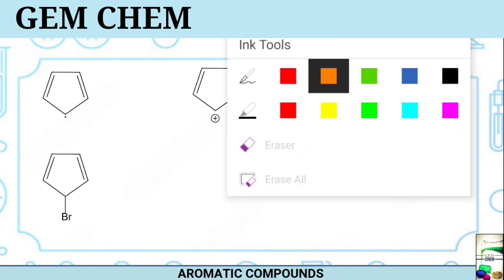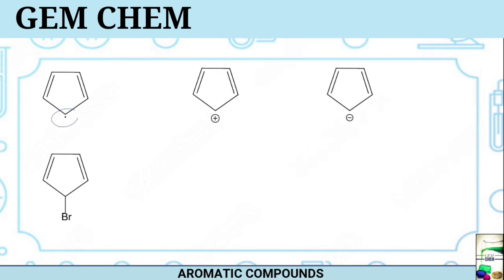Consider here, how many electrons? Let us start. 1 here, 2 here, 2 here. So we have a total of 5 pi electrons. It does not go with any of the formulas of 4n or 4n plus 2, right? So we can conclude that this is, yes, non-aromatic.